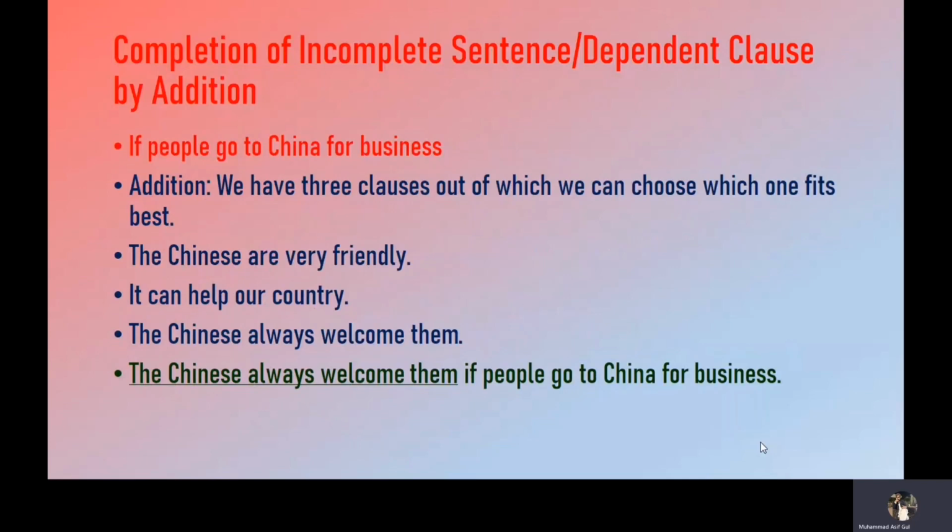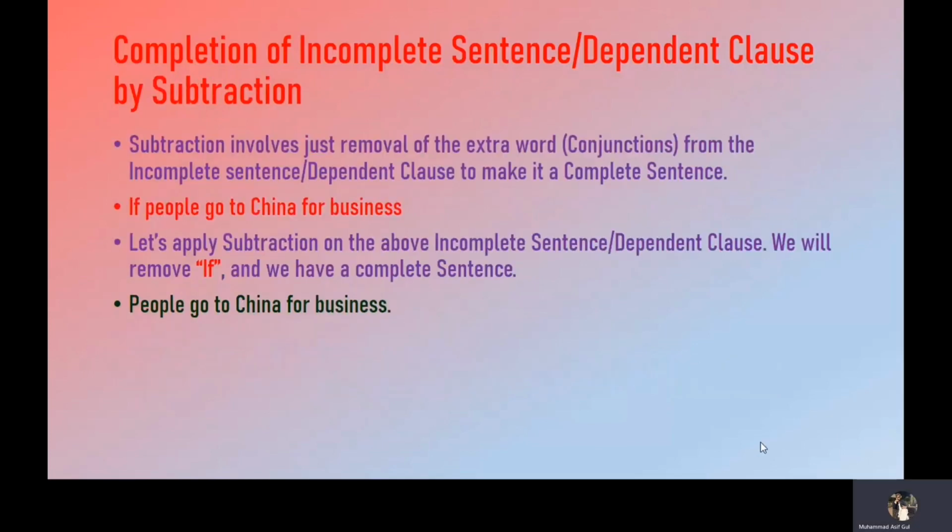This clause can also be converted into a complete sentence by the activity of subtraction. We will have to just remove the extra word, the conjunction, which here is if. If we remove if, we will have a complete sentence.